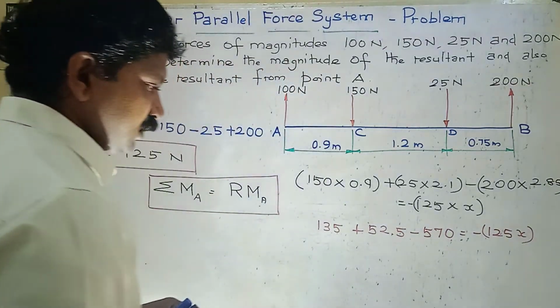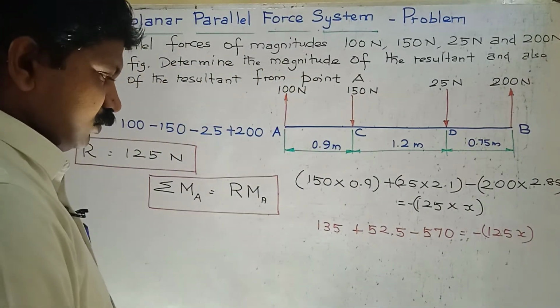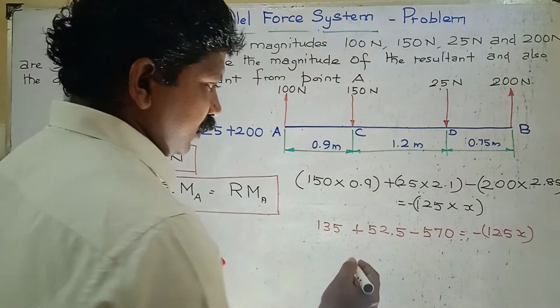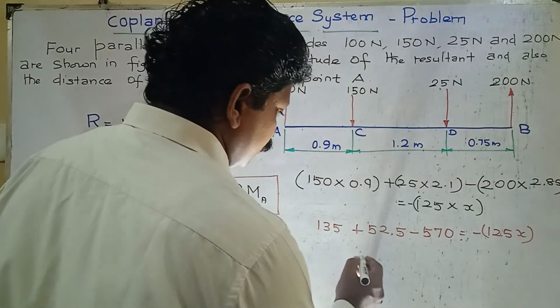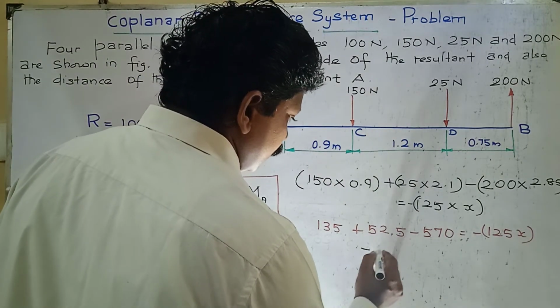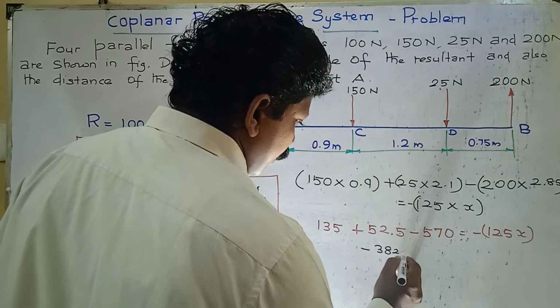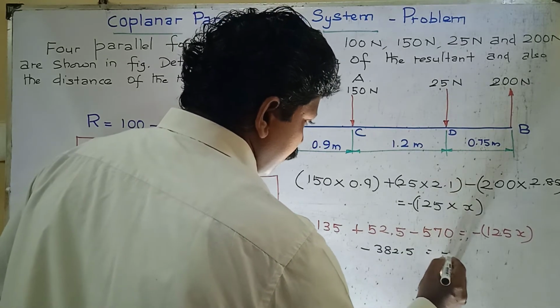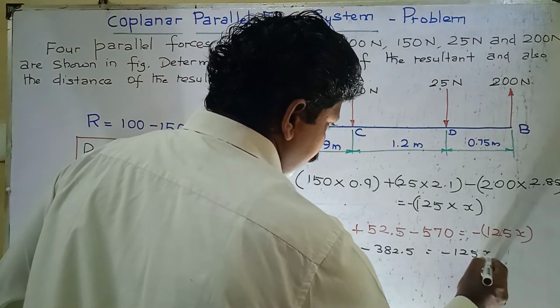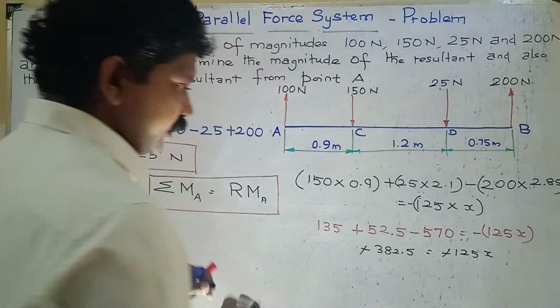So the total algebraic sum of the moments of all the forces about point A equals minus 382.5, equal to minus 125 into x. So the minus cancels.